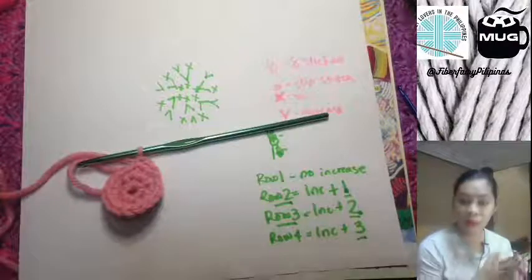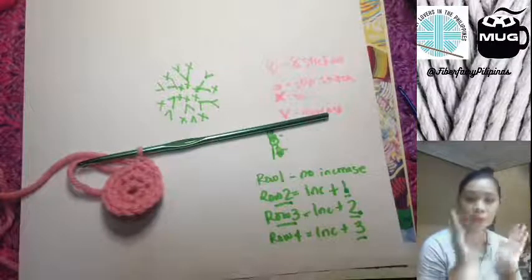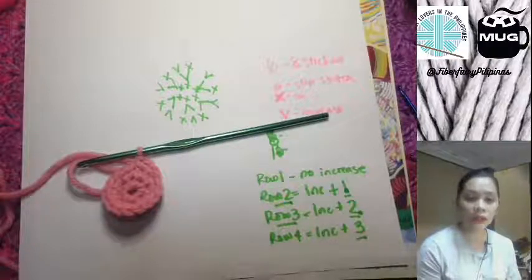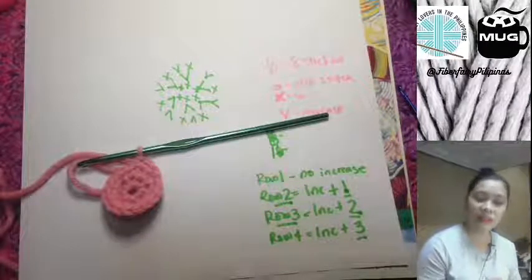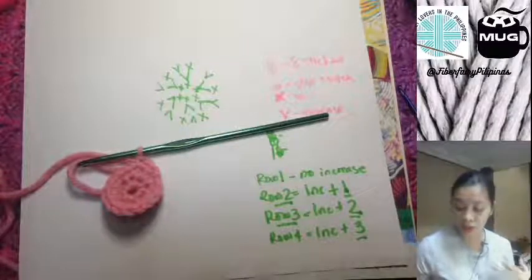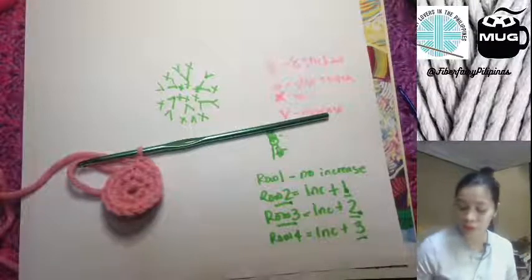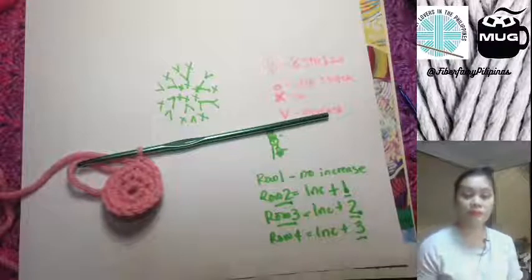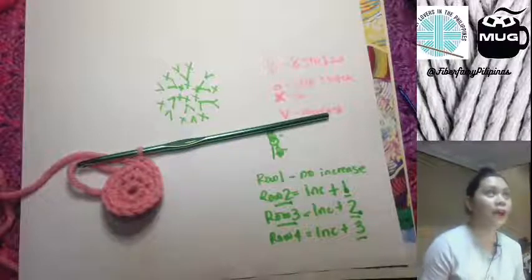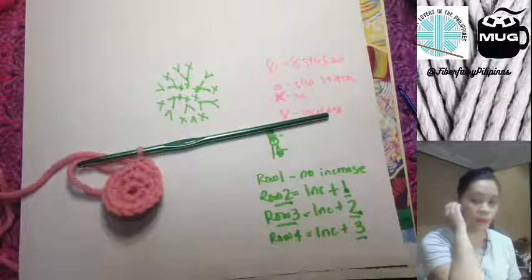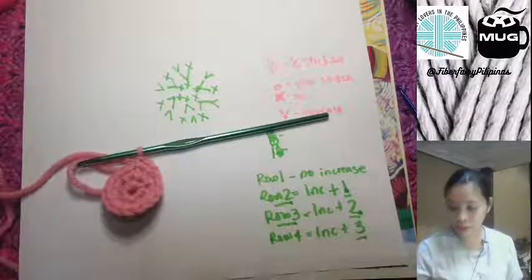And for all of my mentees, if you're interested in having the measurements, let me know and I will get a graph for you para magkaroon kayo ng reference at malaman nyo kung saan, if you're making baby bonnets or adult bonnets, at least magkakaroon kayo ng reference point para mas madali para sa inyo na gumawa ng bonnets. Okay?